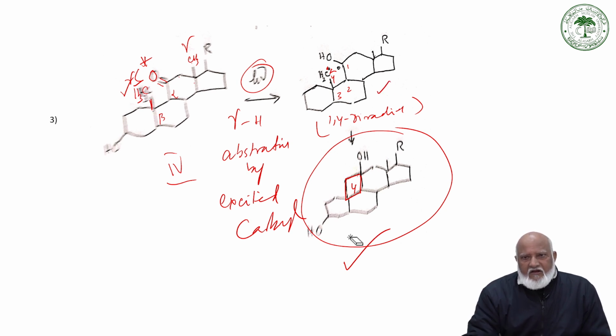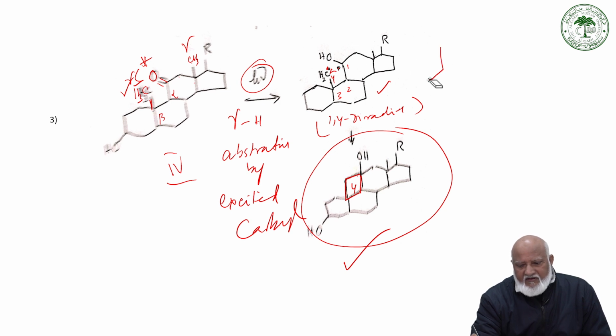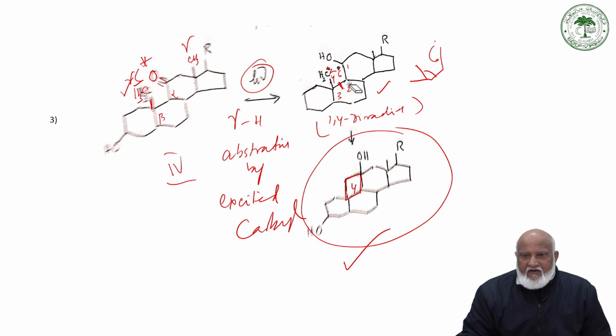This is the only pathway open here, because if this 1,4 diradical fragments, it has to cleave this bond, which is not very favorable, because in a steroidal system, cleavage of the ring is not favored. So the only product open is the coupling of the diradical to give rise to this steroidal system.